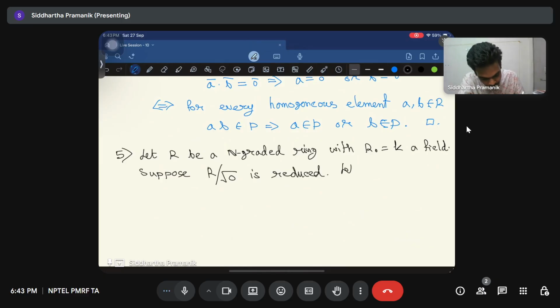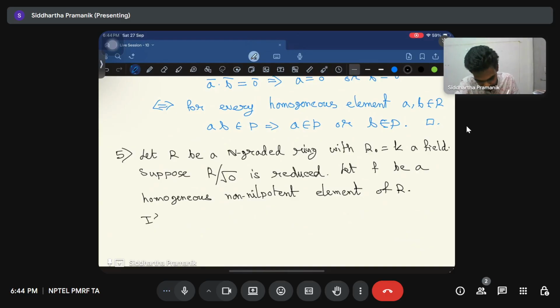Now let F be a homogeneous non-nilpotent element of R.